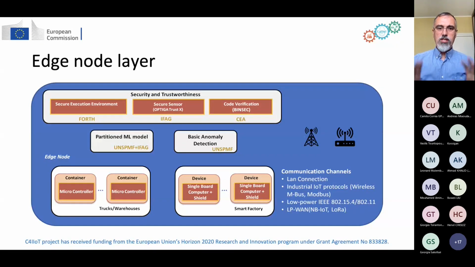Now you can imagine this is a similar picture as before, but with a bit more detail. This is what we have in the edge node in trucks and warehouses, microcontrollers within the containers. And the container itself, within its firmware, has functionality implemented in the C programming language from scratch, without using any libraries, to process the data even at the edge, even though the microcontrollers have low processing power.